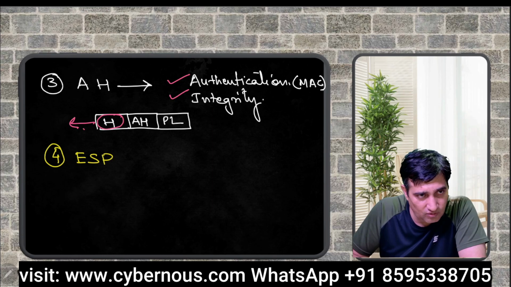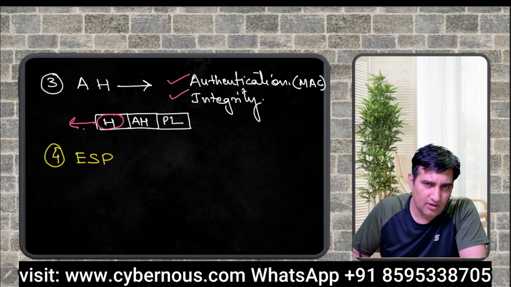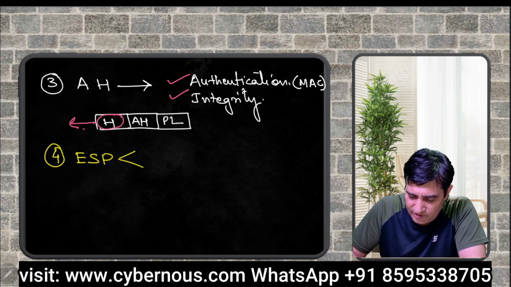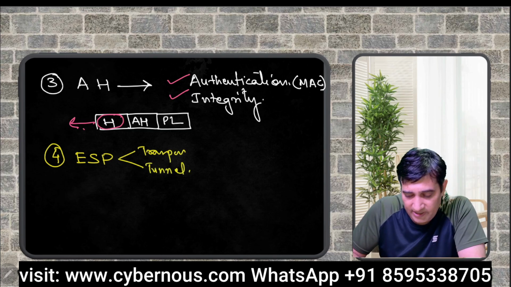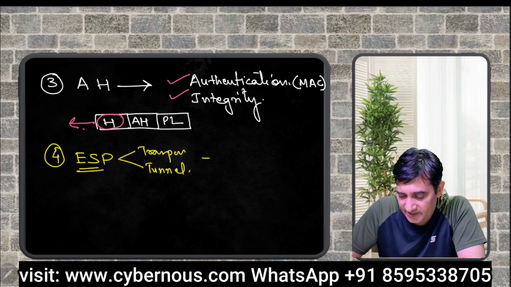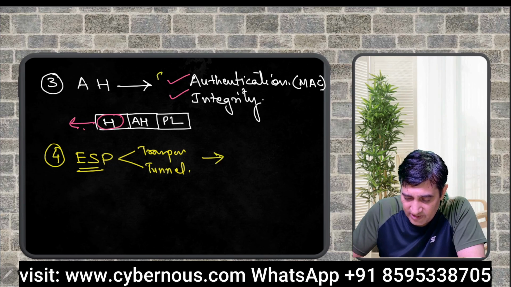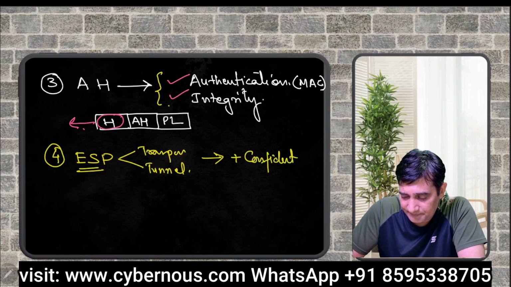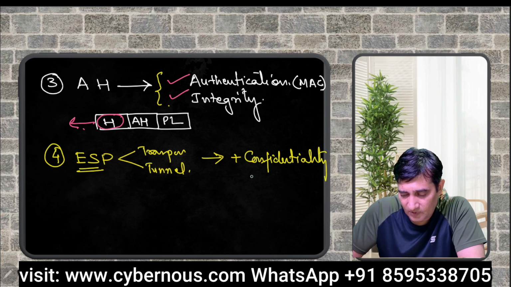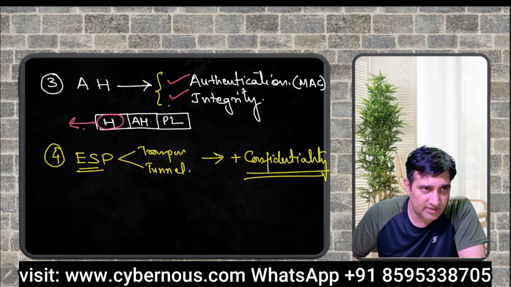Encapsulated means it is already encapsulated most of the time, even though ESP can also be used in transport mode, and we can also use it in tunnel mode as well, right? But the main important thing about ESP is it not only provides you with these two services which authentication header provides, but it will also provide you confidentiality. Okay, that's very, very important.